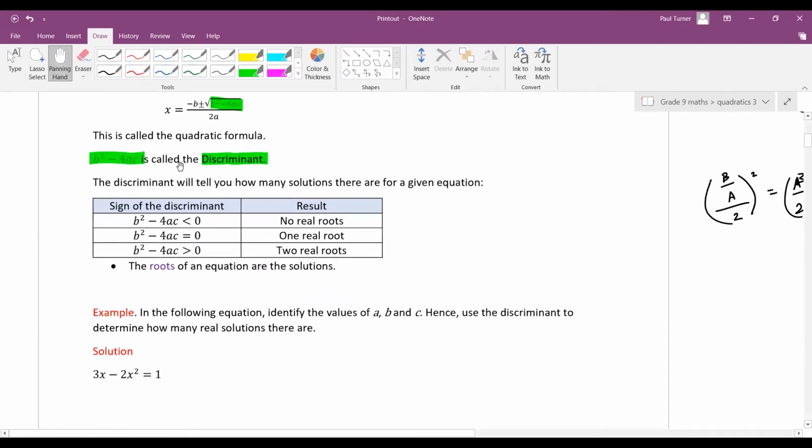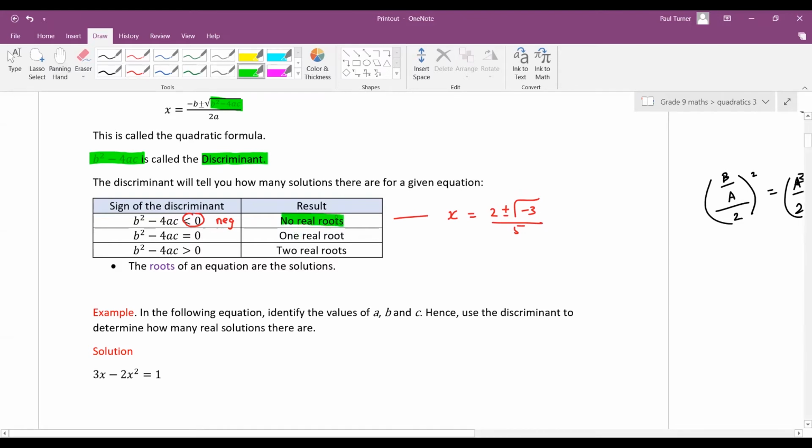So take a look here. Now, if this sign is negative, so if you've got, for example, x equals 2 plus or minus square root negative 3 on 5. So if this number is less than 0, that means negative, right? Negative, like here. So if you've got an answer that comes up like that, we say no real roots.